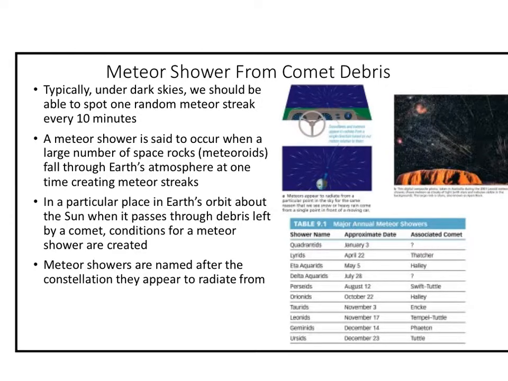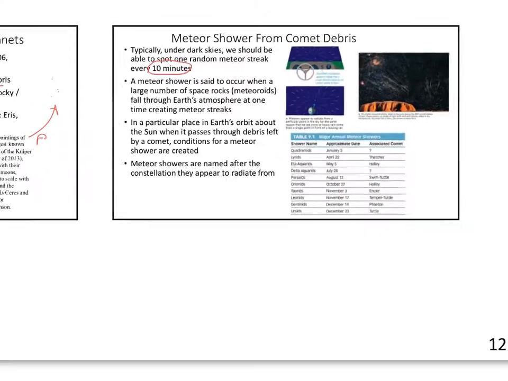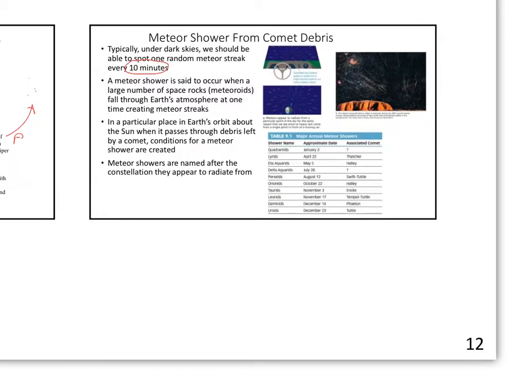Usually without a meteor shower, you can see one meteor about every 10 minutes. But if you have a meteor shower going on, sometimes you can see up to 75 to 80 meteors. Could that be right? Per minute, I don't know. Or per hour, I don't know. But a lot more than one per 10 minutes. Okay, so meteor showers are caused by the Earth passing into debris from a comet.